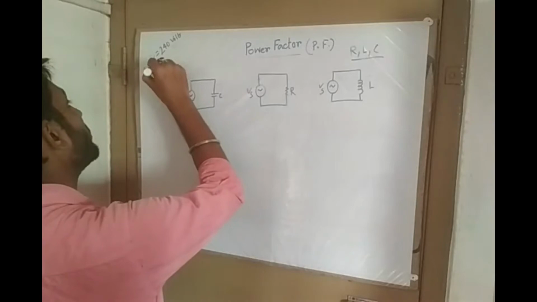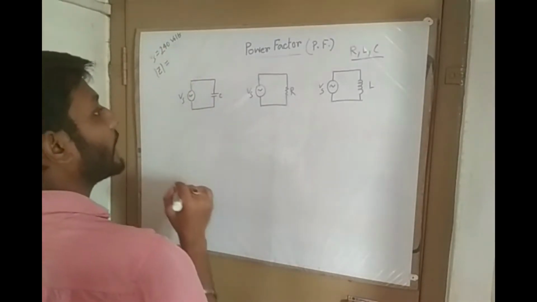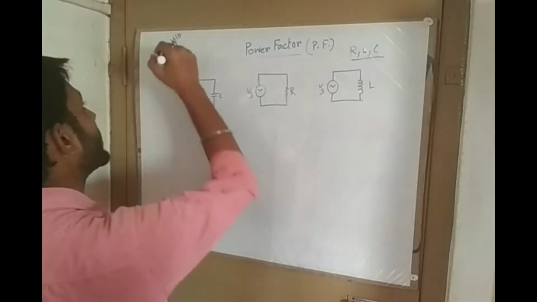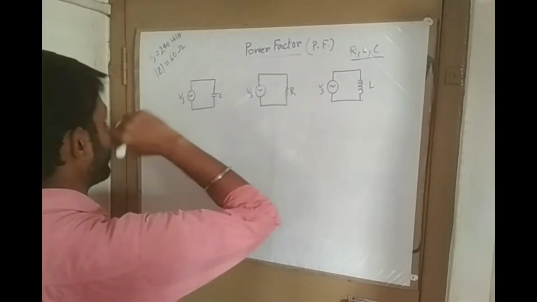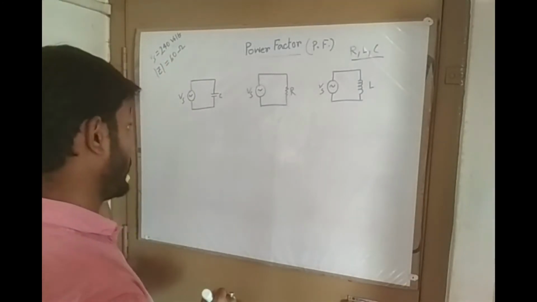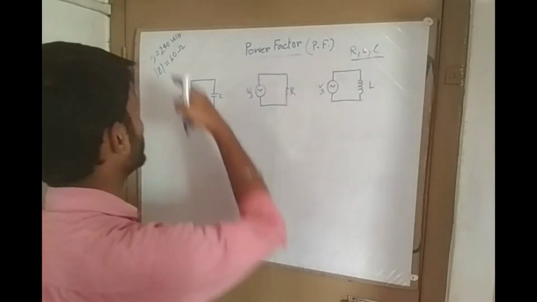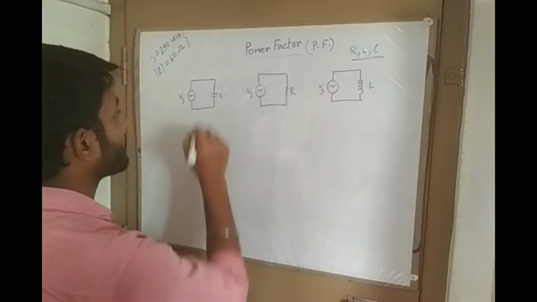The total mod value of impedance is a fixed value. We can take this value as 60 ohm. Okay, mod Z equal to 60 ohm.